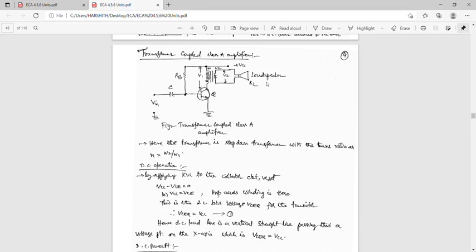In Class A amplifiers there are two types: the direct coupled amplifier and the transformer coupled amplifier. In the direct coupled amplifier, impedance matching is difficult. So the transformer coupled Class A amplifier is used.